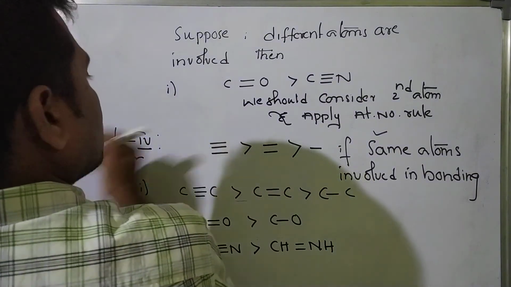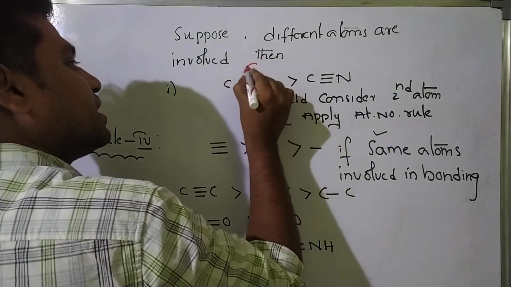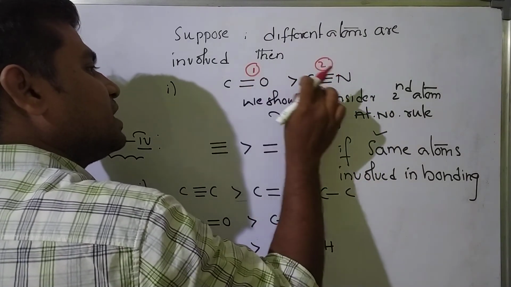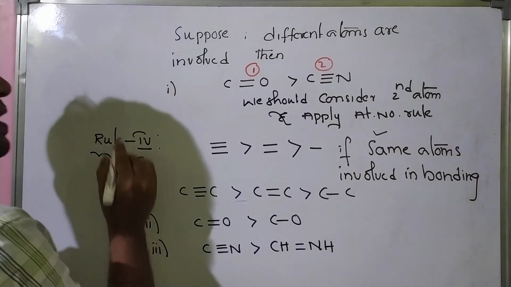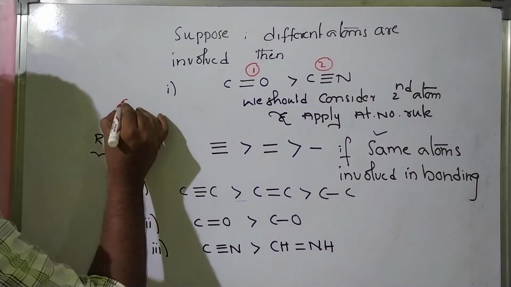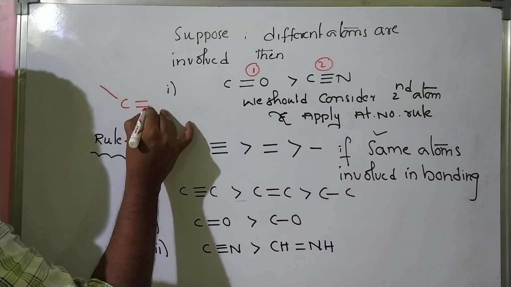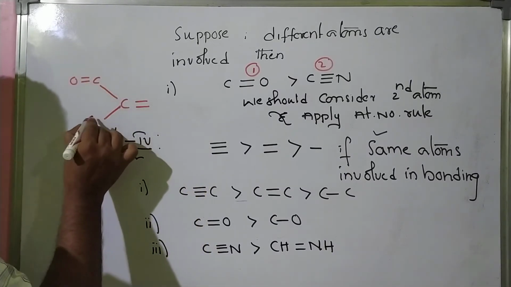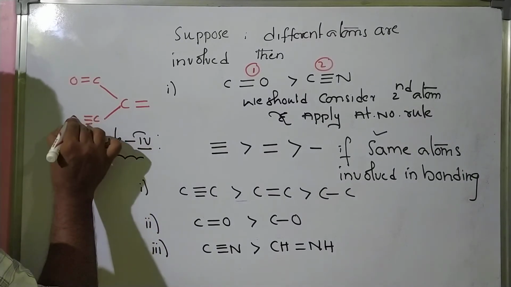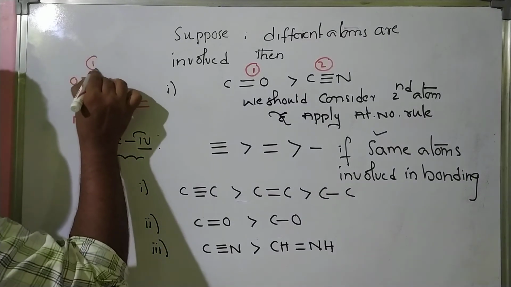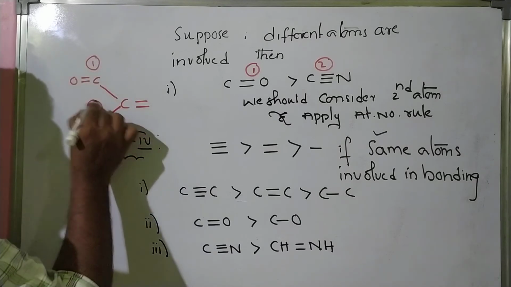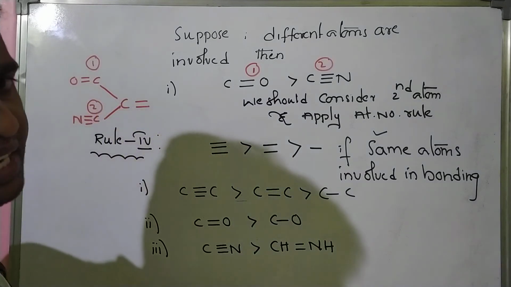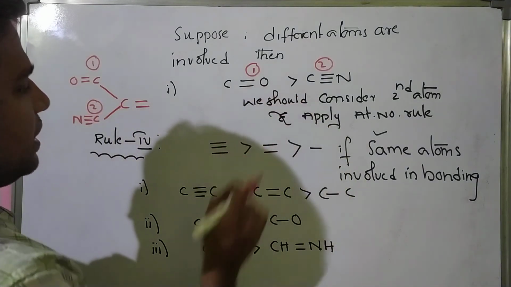So this will get first priority, this will get second priority. If these two groups are present on the same carbon, C double bond O and C triple bond N, then C double bond O gets first priority, then this is the second. That is the reason. Understanding? Okay.